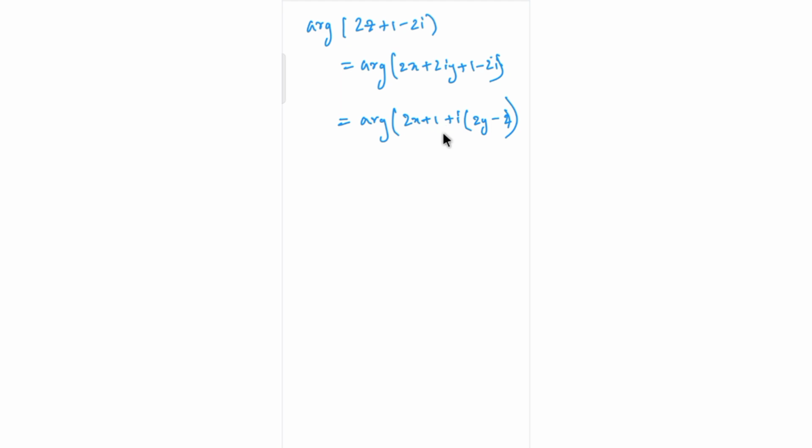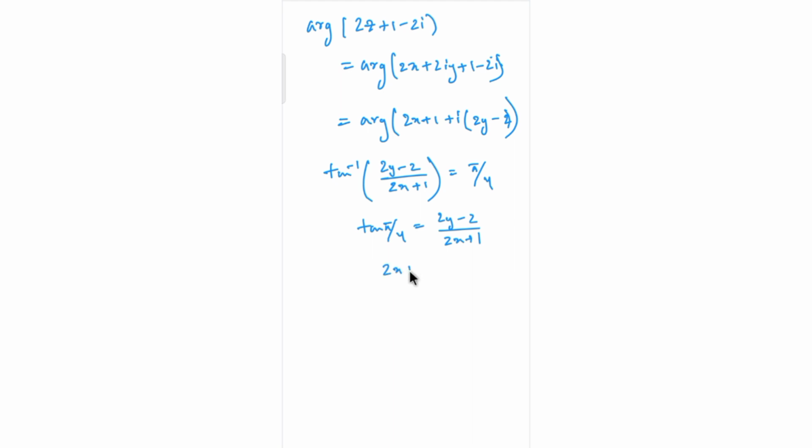This is tan inverse of (2y minus 2) divided by (2x plus 1) is equal to pi by 4. It is given. So tan pi by 4 is equal to (2y minus 2) divided by (2x plus 1).